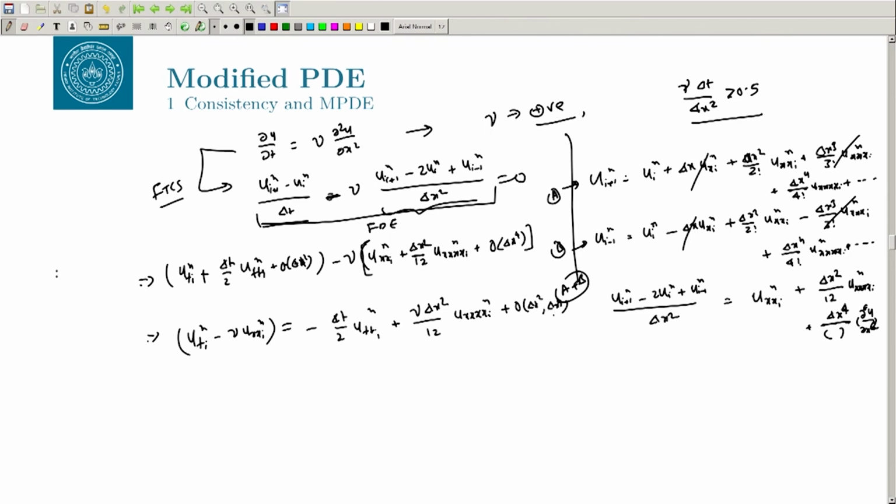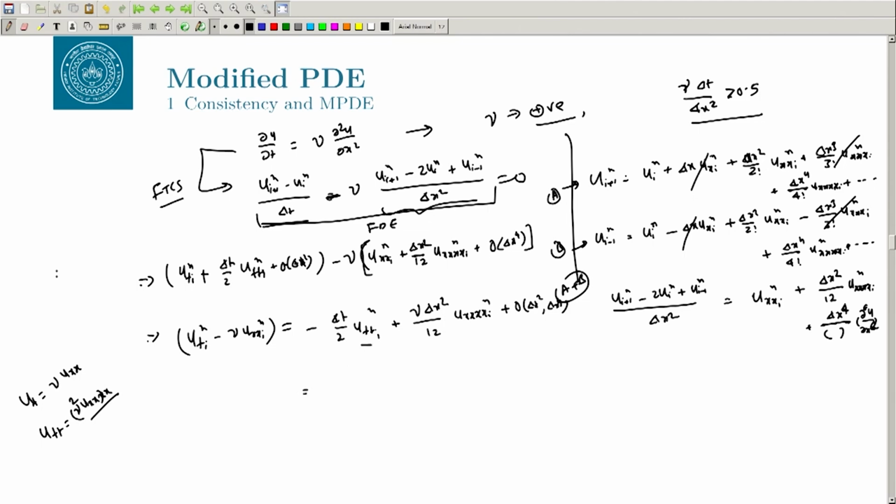Now, we will use this relation: ut is equal to nu uxx. So if you do utt, that will be nu uxx differentiated with respect to t, and that will become nu square times the fourth derivative.